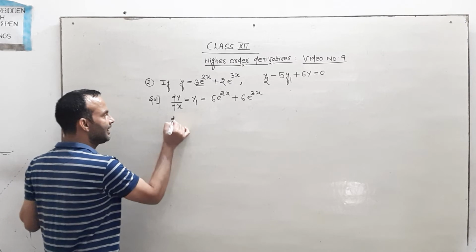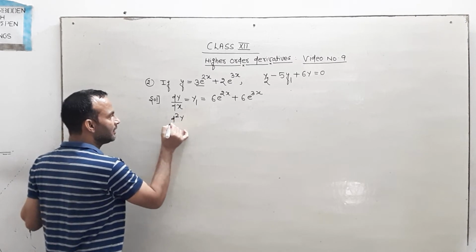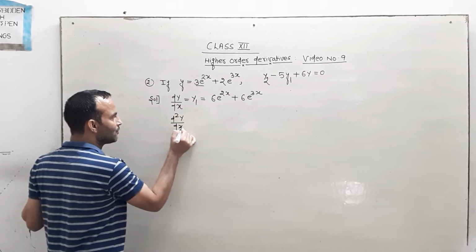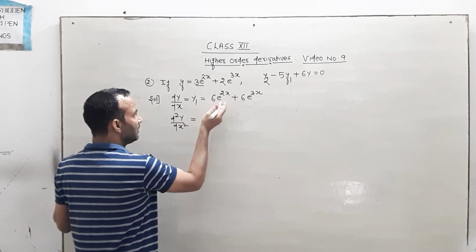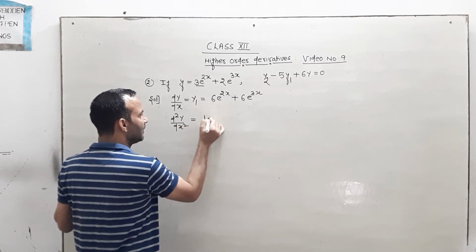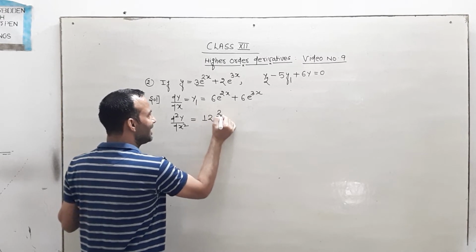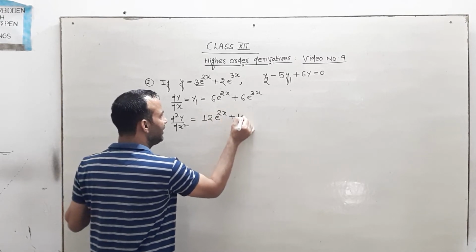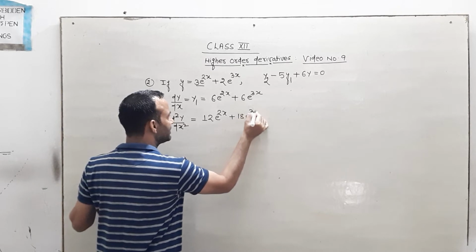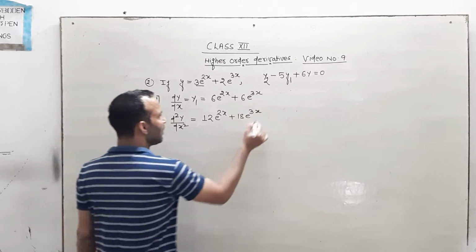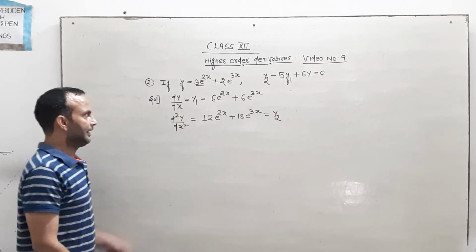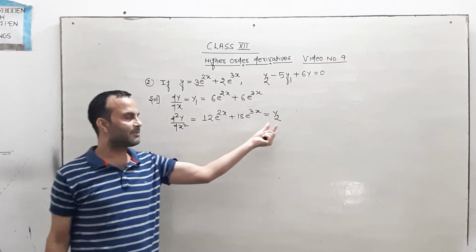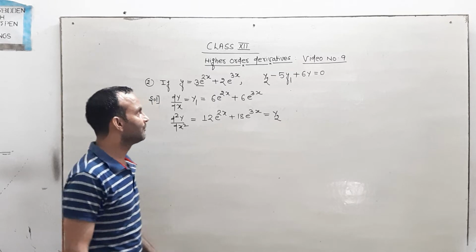Now again differentiating both sides with respect to x, d square y over dx square. 6 2s are 12 e raised to the power 2x, and 6 3s are 18 e raised to the power 3x. This is the value of y2. d square y over dx square can be represented as y2.